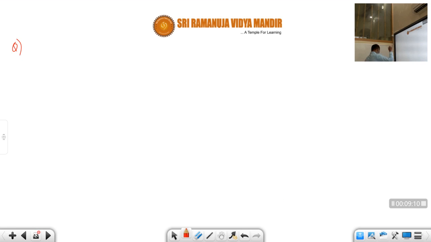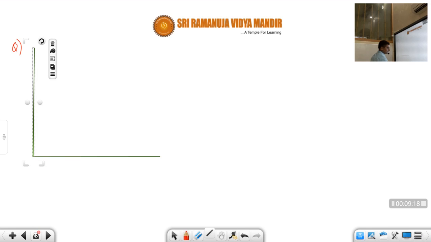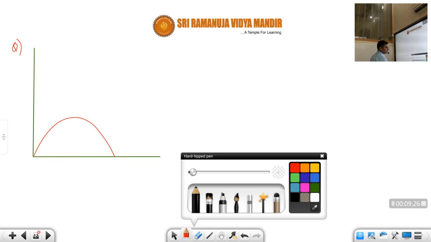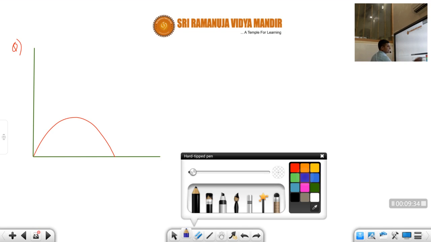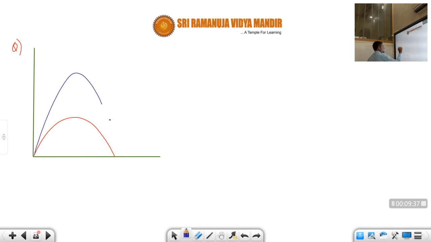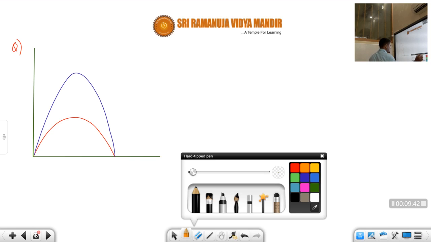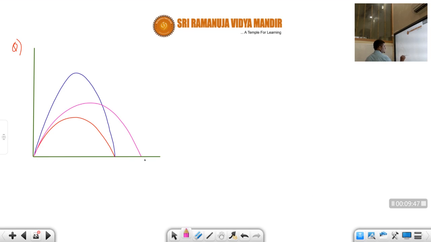Let us solve this question. They have given a diagram, students. Let us say this is the diagram given. This is one projectile, and this is one more projectile, and this is one more projectile.